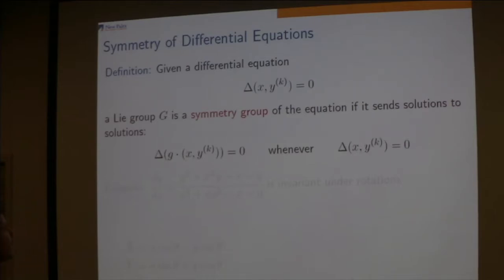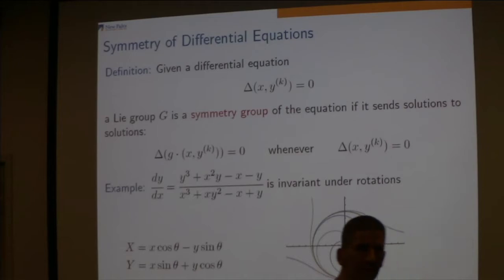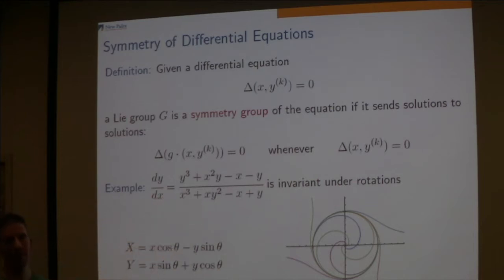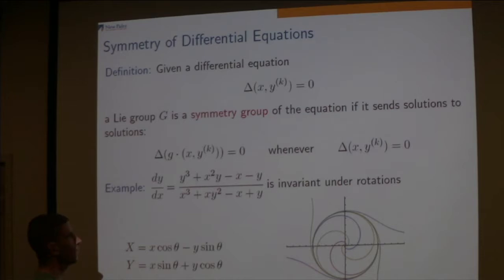Maybe if I give the example, it will be easier. Here we have a first order ODE, one of the simplest possible cases. While it's not obvious, this differential equation is invariant under rotation around the origin.